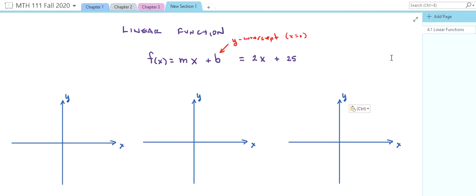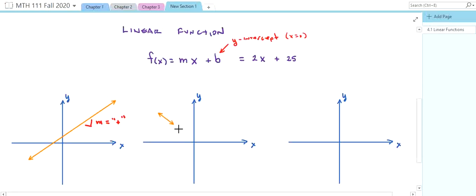Now these linear functions can come in 3 different varieties. We could have an increasing function. In this case, our slope is positive, going uphill. We can have a decreasing function.